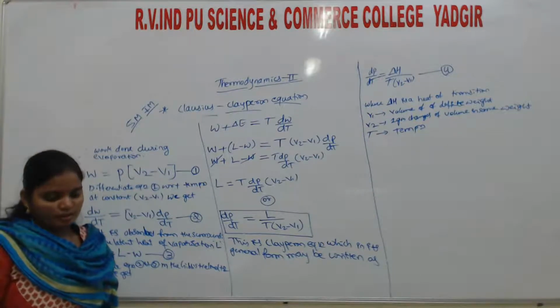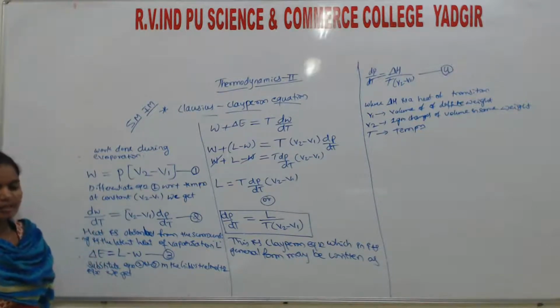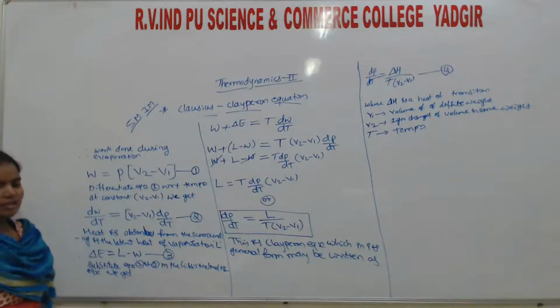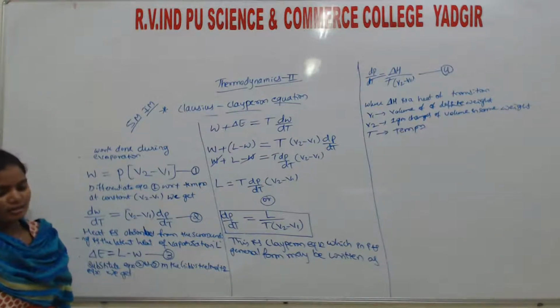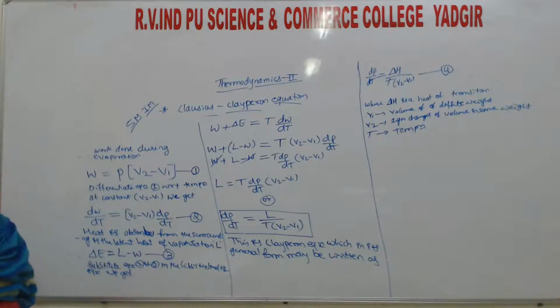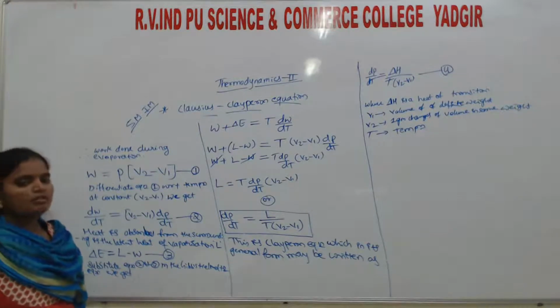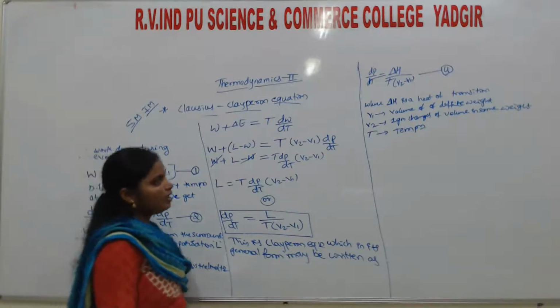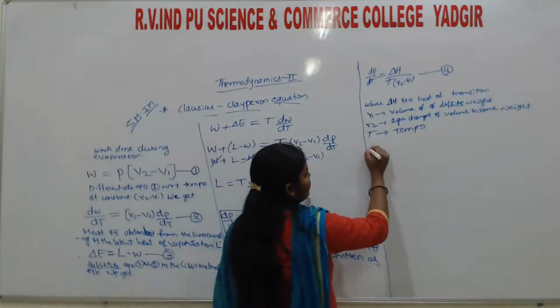From equation 1, the equation in such case becomes dP by dT is equal to delta H divided by T, and here you are neglecting the small volume.